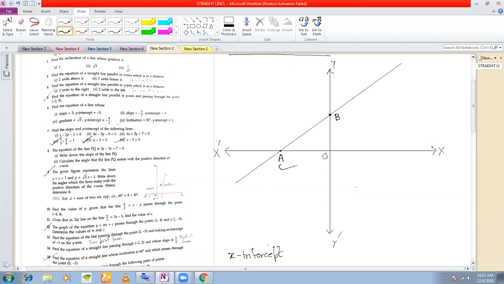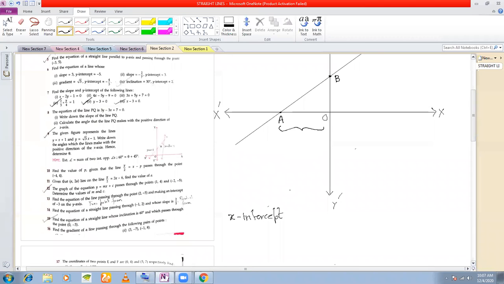Then this distance, OA, taken with the sign, remember, taken with the sign. In this case, we have OA as negative, right? Anyone who disagrees that OA is negative? The distance OA taken with the sign is called the intercept.